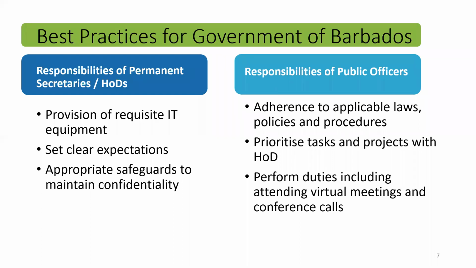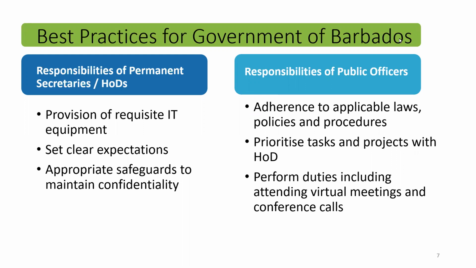On the other hand, the public officer, being clear of what is expected of them, must ensure that they adhere to all applicable laws, rules, regulations, policies, and procedures regarding information confidentiality and the security of their work.